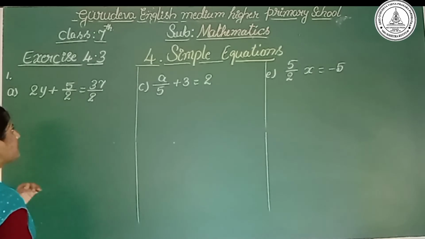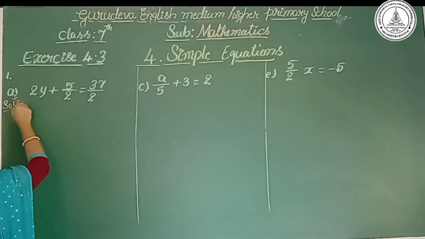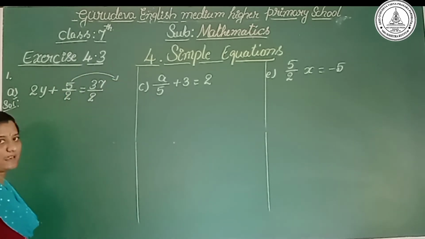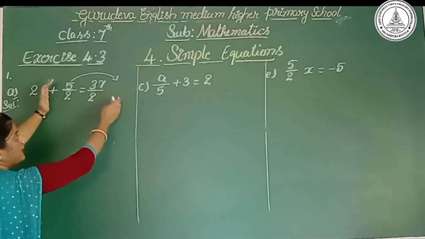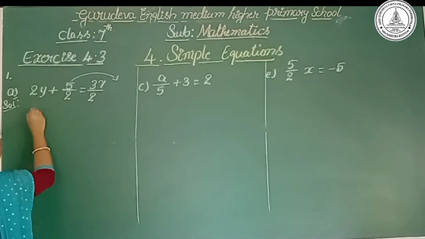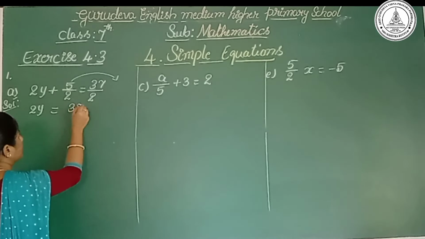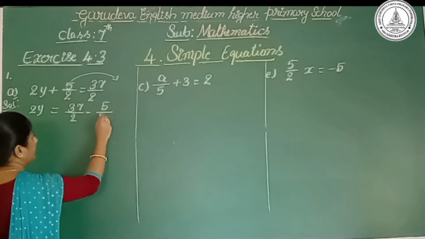Write down the given equation as it is, and transpose 5 by 2 to the right hand side. Here there is a plus 5 by 2. If it goes to the other side of the equals sign, it will become minus 5 by 2. Then write 2y equals 37 by 2 minus 5 by 2.